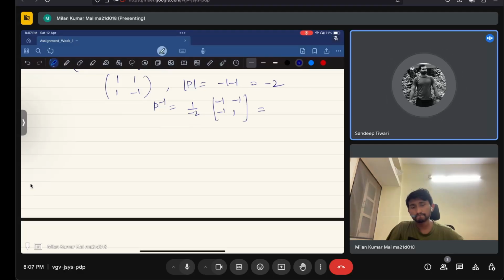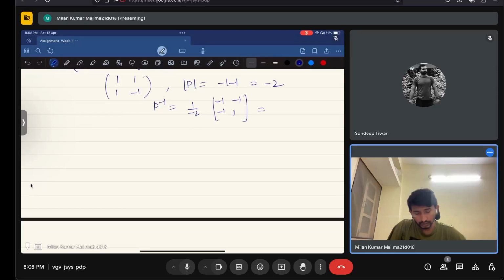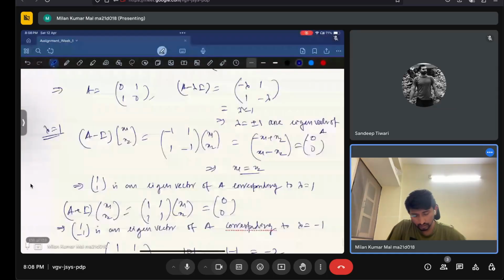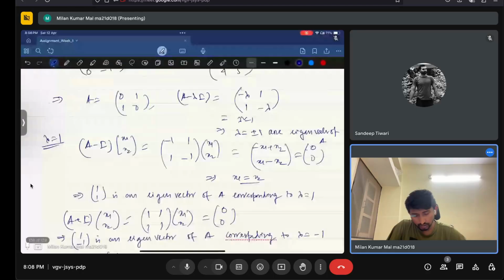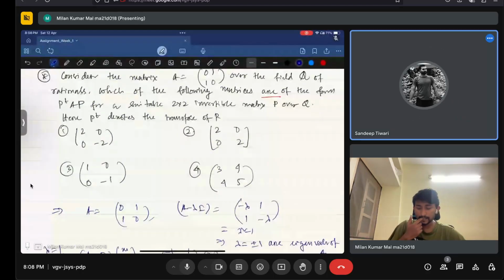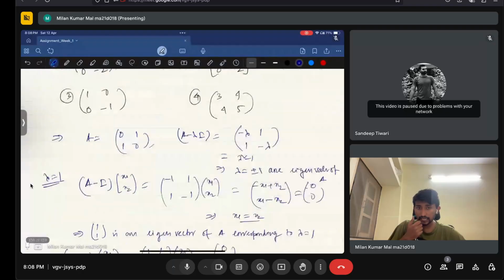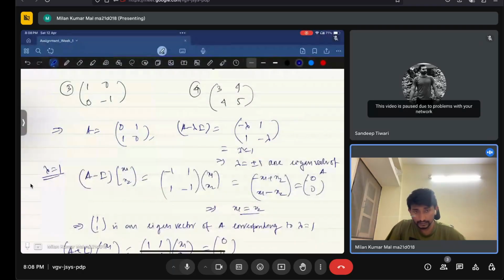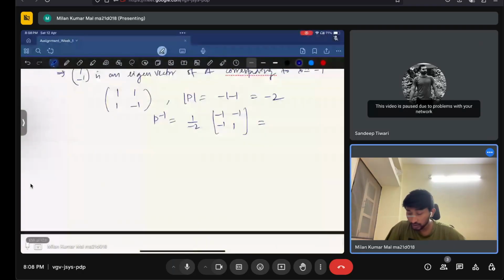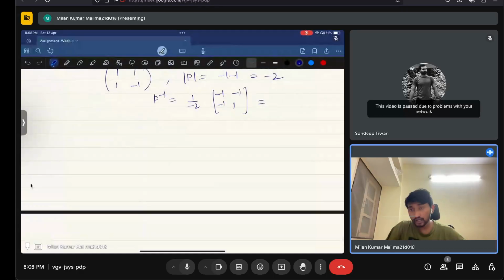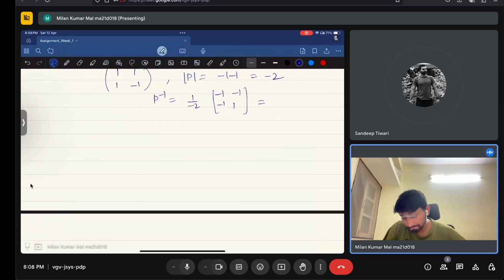But over Q these results are not true. I understand what you are saying, that result is not true over Q. Right, it is congruent, that I forgot. Actually, that is quadratic equation related, right?